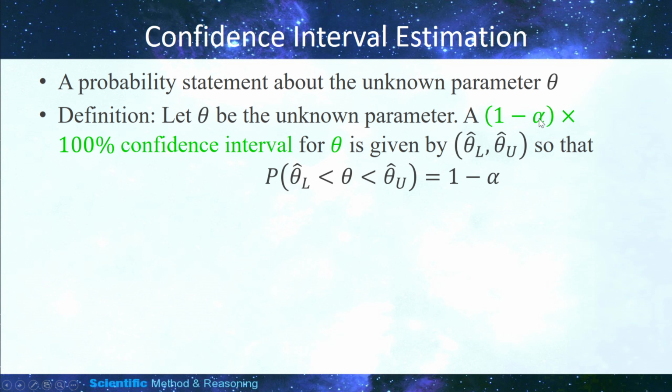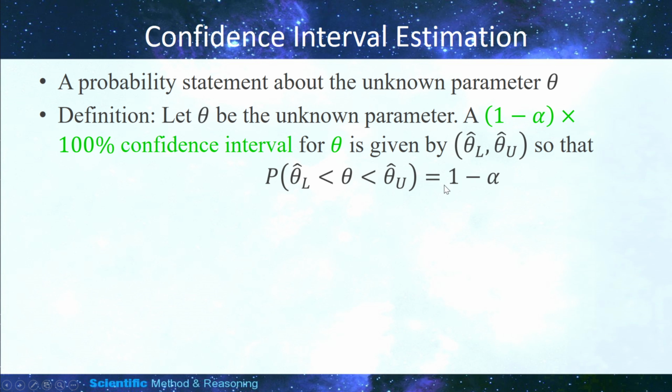Say, for example, alpha equals 0.05, then we have 0.95 probability on the right-hand side, okay? So alpha is a pre-specified constant. Normally, we have a 95% interval with alpha equals 0.05, or 98% with alpha equals 0.02, or 90% with alpha equals 0.1.